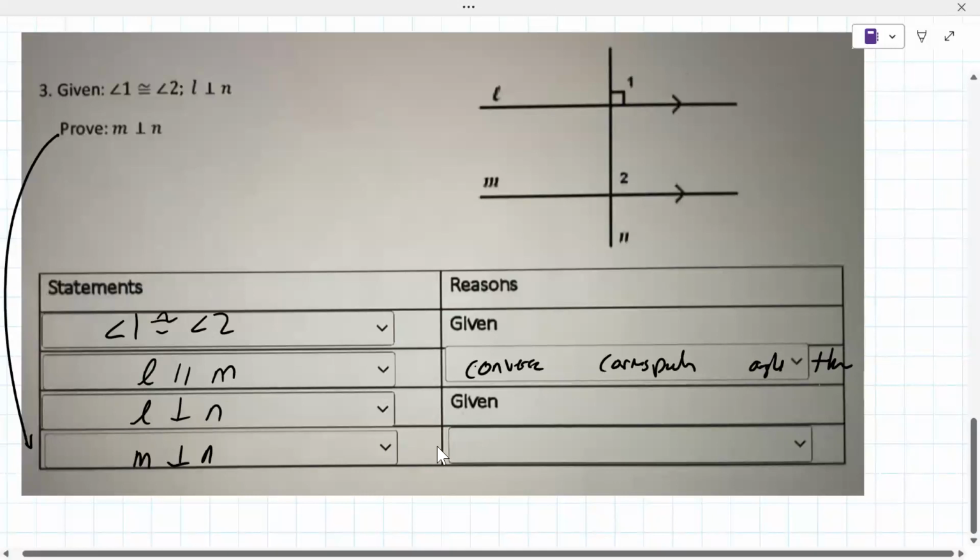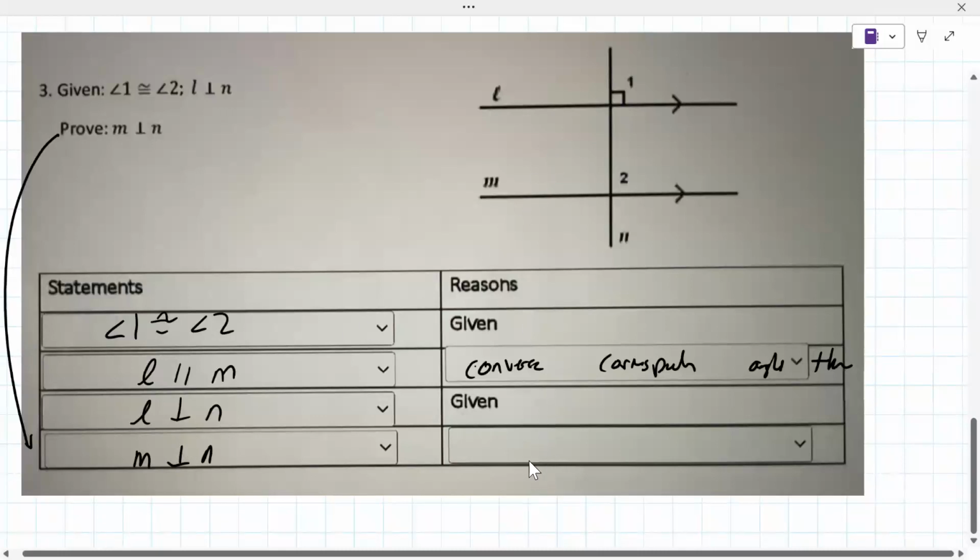Perpendicular transversal theorem, that sounds pretty good. What's another option? Transitive property of congruence, might be that one, but I don't know.